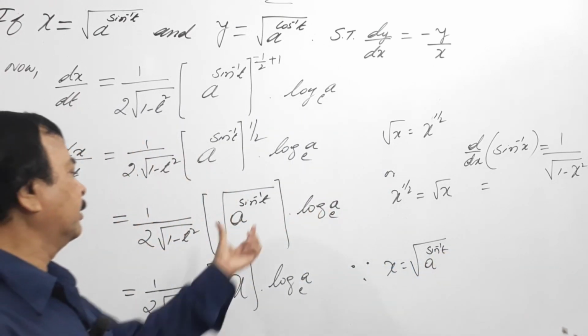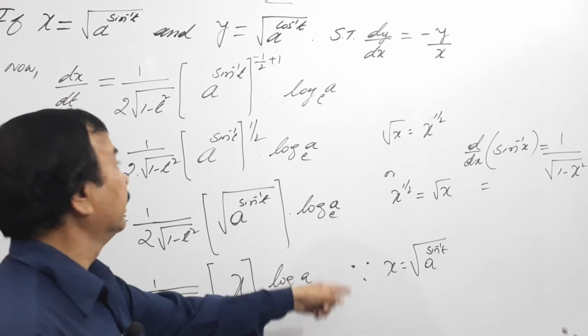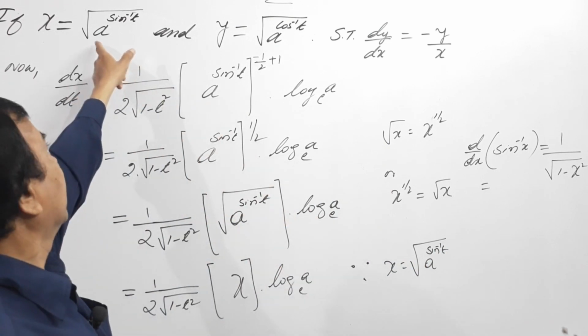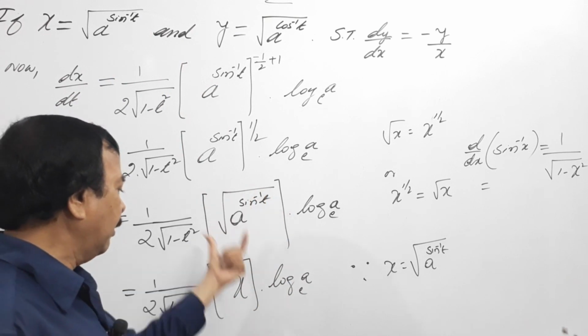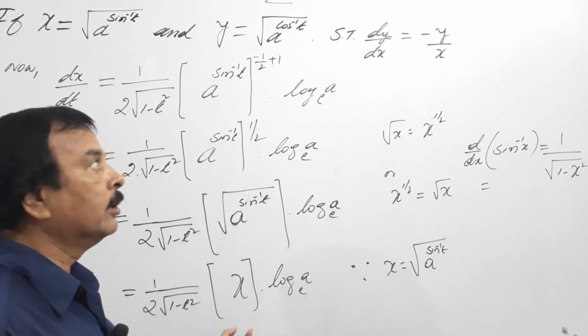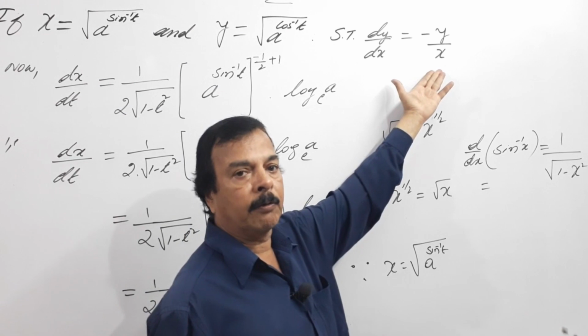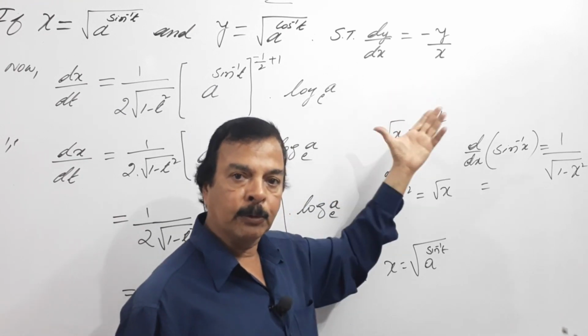So I substitute this value as x because x equals under the root a to the power of sin inverse t. So that's the reason I replace this entire value with x. Done. So what we wanted? We wanted x, we have already got it. This is how you have to approach.